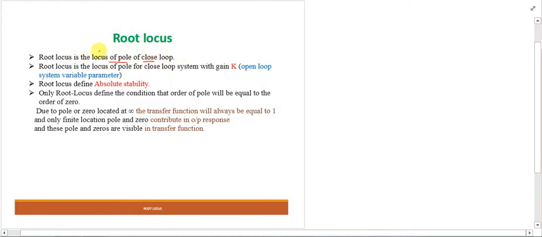Means if I have a closed loop system, for example, C(s) divided by R(s) equals G(s) divided by 1 plus G(s)H(s). This is the closed loop system. Now what are the poles of this closed loop system? If we make 1 plus G(s)H(s) equal to 0, then the roots of this equation are known as the poles of the system.